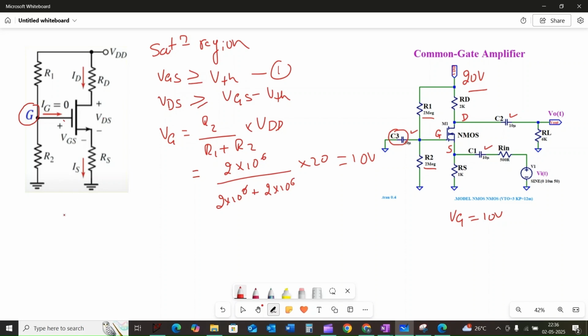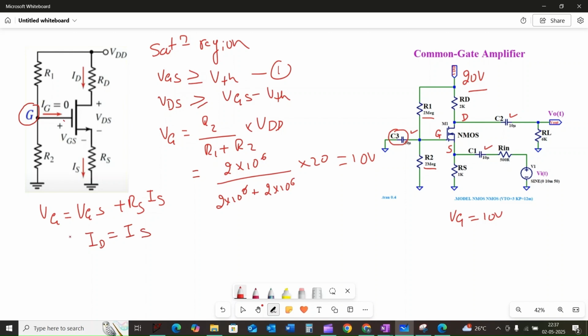So we can write VG is equal to VGS plus RS times IS. Here VG is the gate voltage, VGS is the gate to source voltage, RS is the source resistance, and IS is the source current. Due to the gate current being 0, the drain current ID is equal to the source current IS.